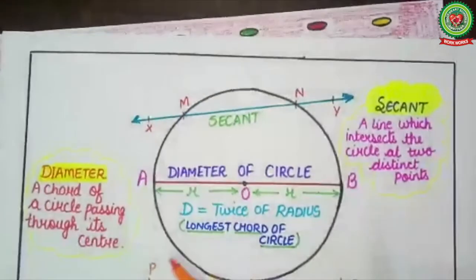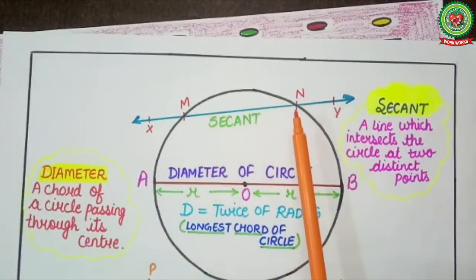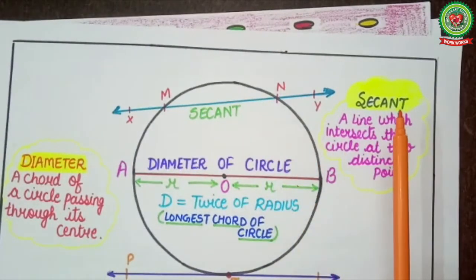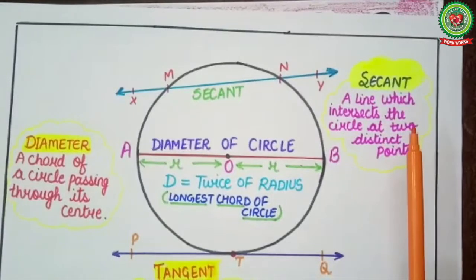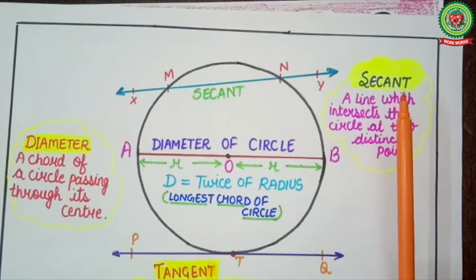But if it intersects the circle at 2 points, then it is known as secant. So a line segment which intersects the circle at 2 distinct points is known as secant.